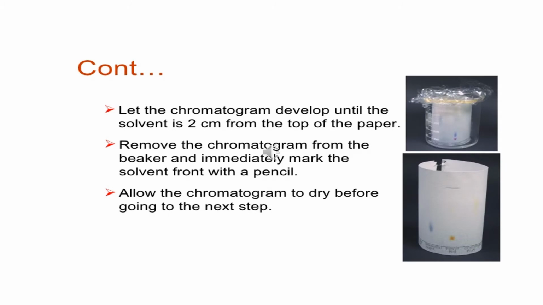Let the chromatogram develop until the solvent is 2 cm from the top of the paper. Remove the chromatogram from the beaker and immediately mark the solvent front with a pencil. Allow the chromatogram to dry before going to the next step.